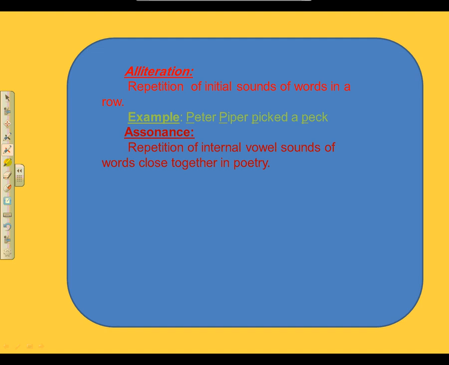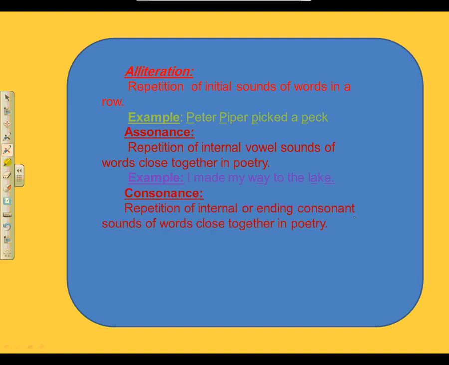Then we have assonance, which means the vowel sounds in the middle of the words are similar. For example, here we have way and lake. The A sound is the same in both words.